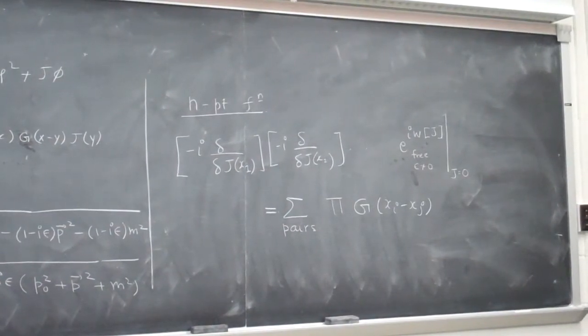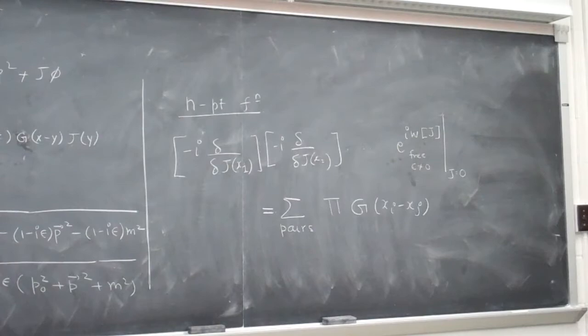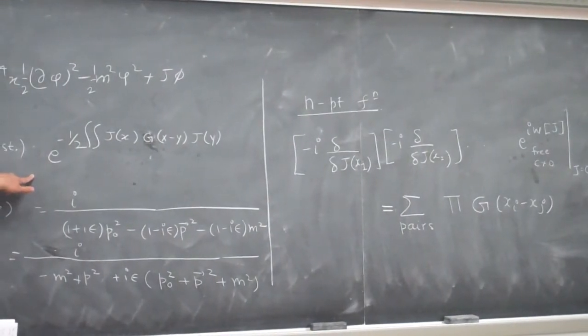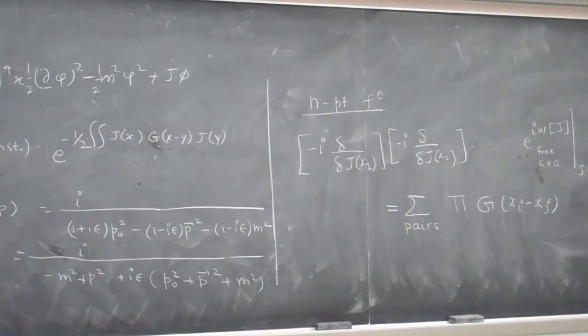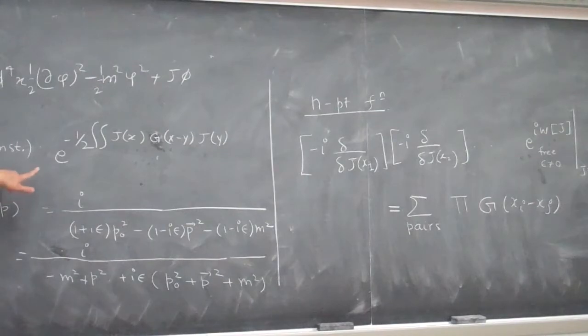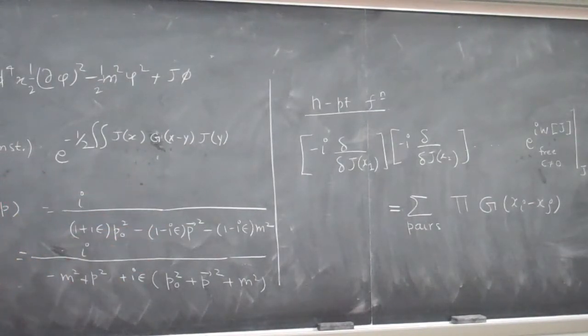When you differentiate with respect to J first, you get the exponential times this factor here down, right? The next time the d over dJ hits this, it has a choice. It can either hit the factor here, which has a J, or the exponential. If it keeps hitting the exponential, it will keep bringing down the factors of J in front. And eventually when you set J equal to 0, it will all go away. The only way it can survive is if the d over dJ hits the J here.